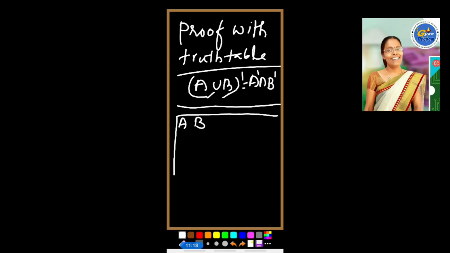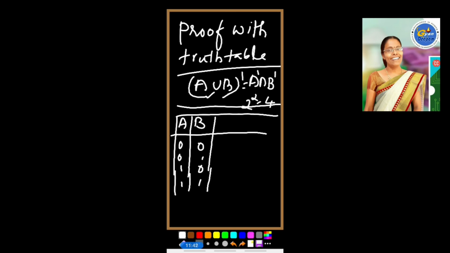So my inputs are A and B. Here I am trying to include it. If it is not able to include, I will show it in portrait mode. Okay, so what are the possible values? 0 to 3. I have to write the binary combination 0 0, 0 1, 1 0, 1 1. These are the possible combinations. So 4 possible combinations I got. Which are all the things I need to find out?